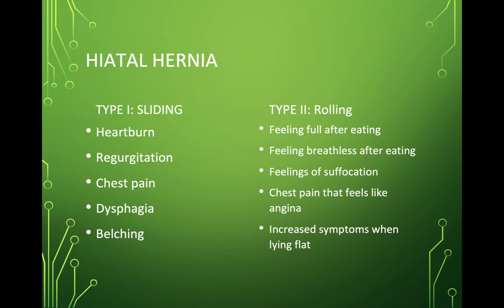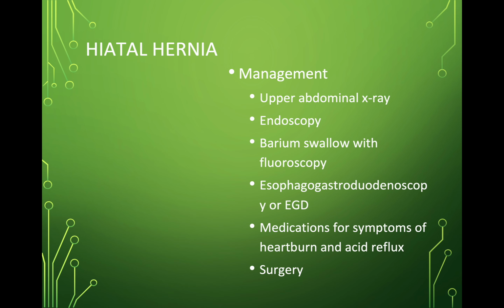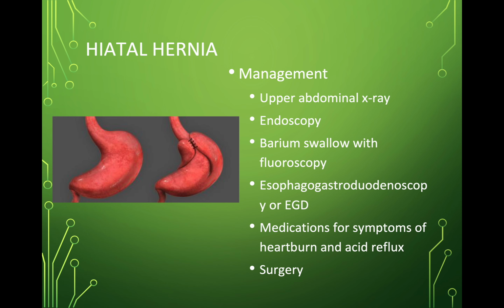So it's really all about the positioning of where that stomach is located, whether it's up inside the esophagus or over next to the esophagus inside the chest cavity. As you might imagine, a type 2 hiatal hernia is more likely to have a surgical intervention performed as opposed to a type 1.